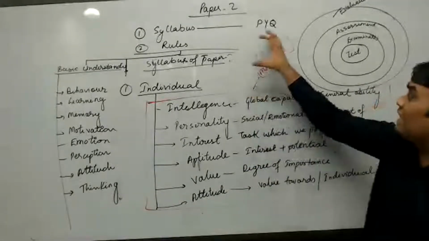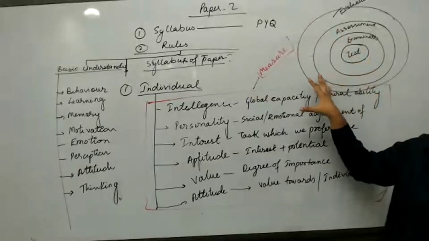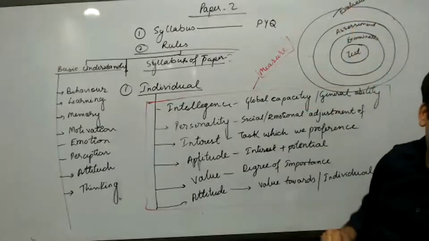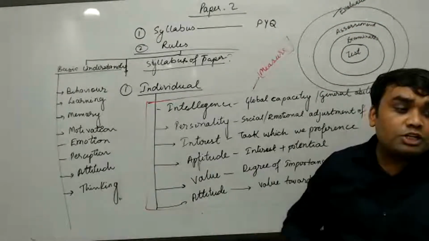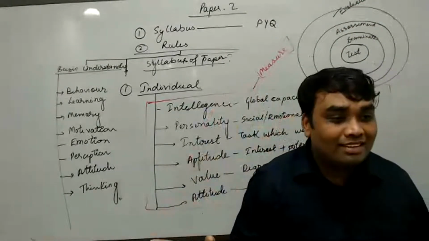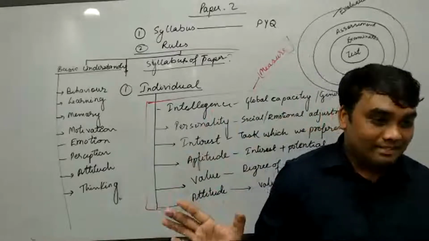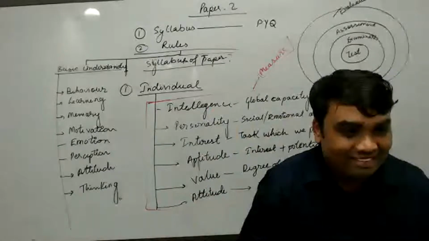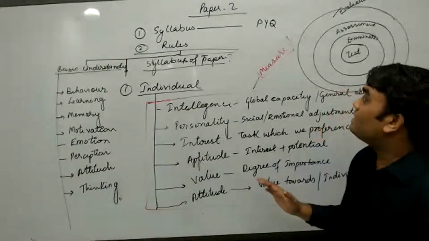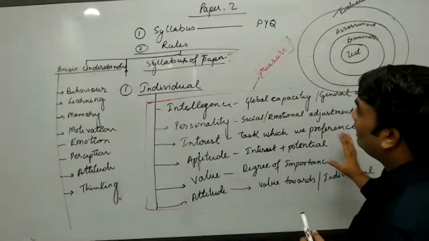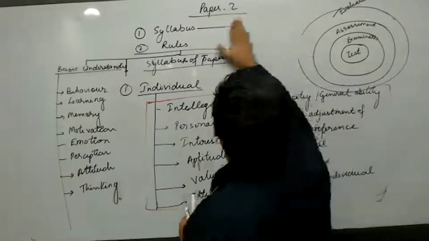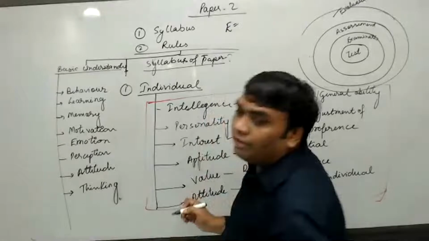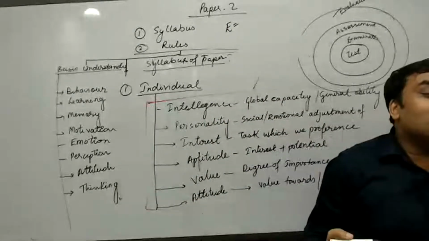So we have different types of measurements: test, examination, assessment, evaluation. The broadest form of measurement is what? Evaluation. So what is evaluation? You will write the formula of evaluation. Evaluation is what?